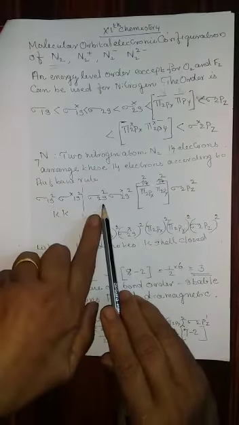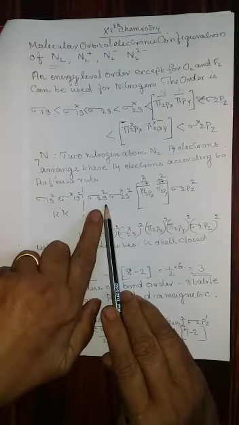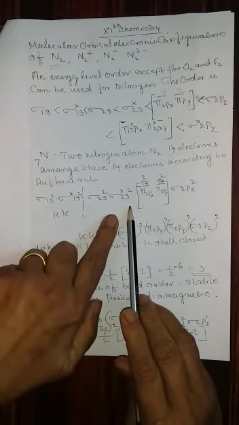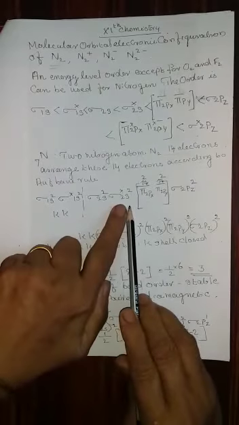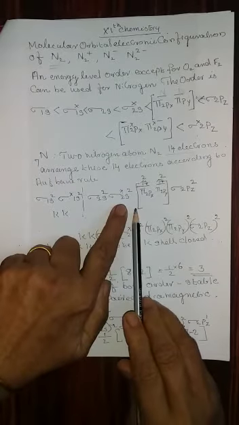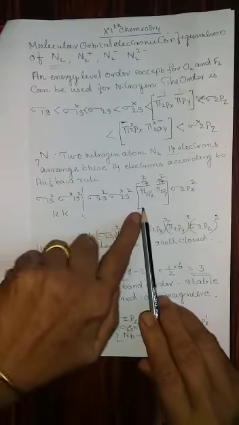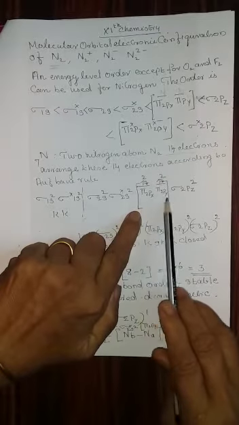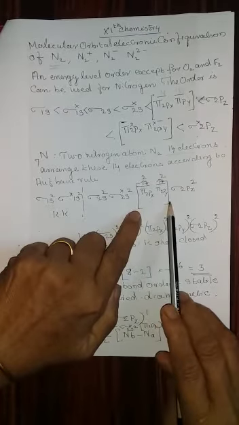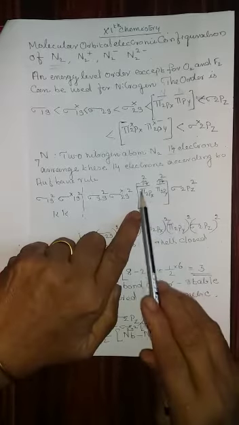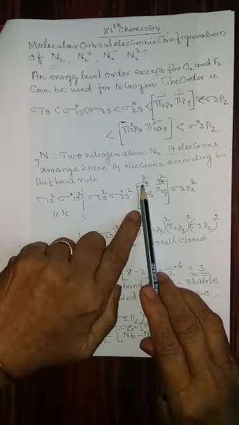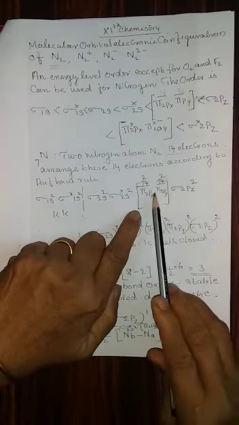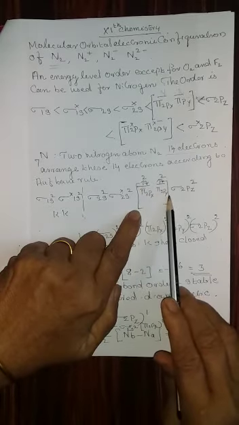Now, sigma 2s2, sigma star 2s2. 2 is already gone, 4. 2 plus 2. Therefore, the balance is only 6. Next one, you have to be very careful because both have the same energy. Therefore, out of the 6 electrons, you put only 1 electron here in the pi 2px, and the next one you put in pi 2py.